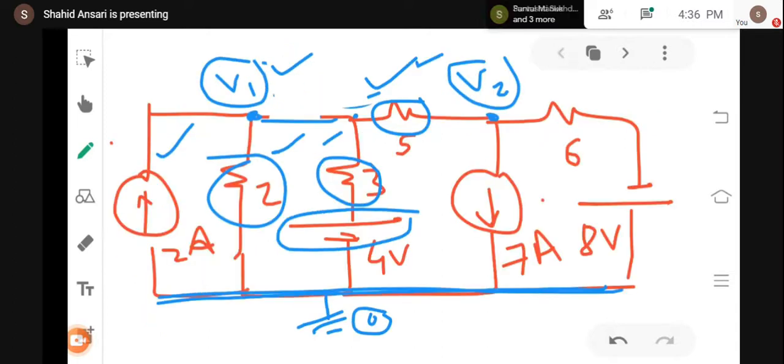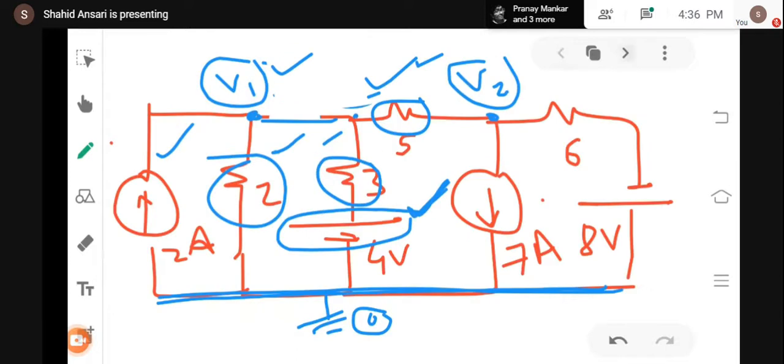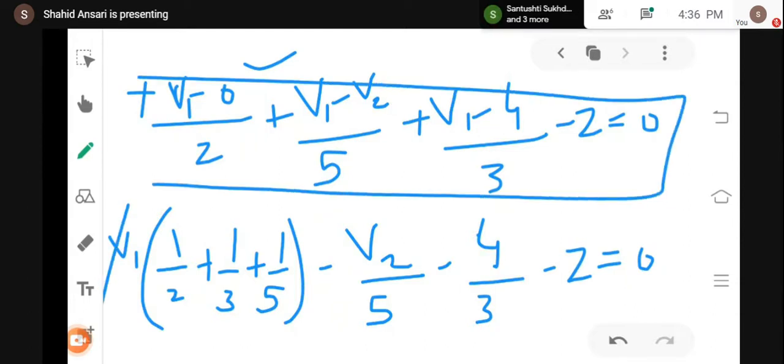Now, we have one more node voltage, 4. It is plus 4. Since it is common, you again have to take minus, minus of plus 4 divided by 3. Then the current source towards is negative. You can write it down. It's the same as the first one and second.